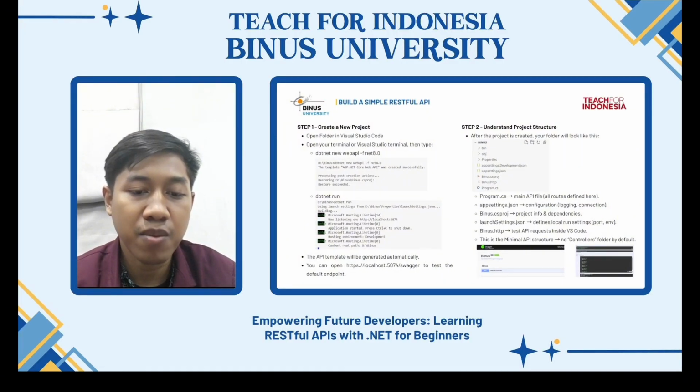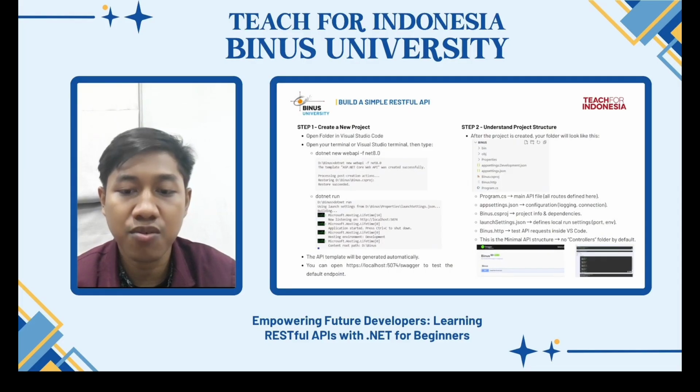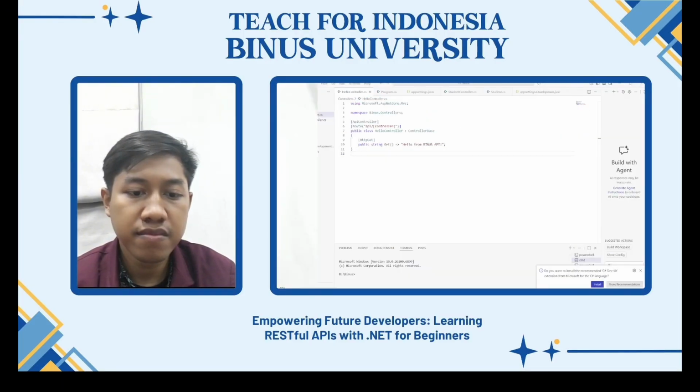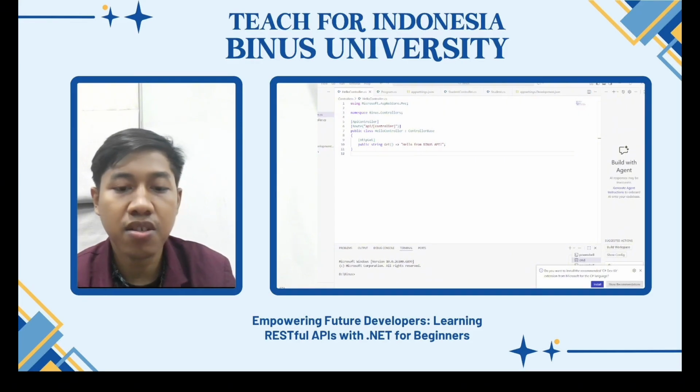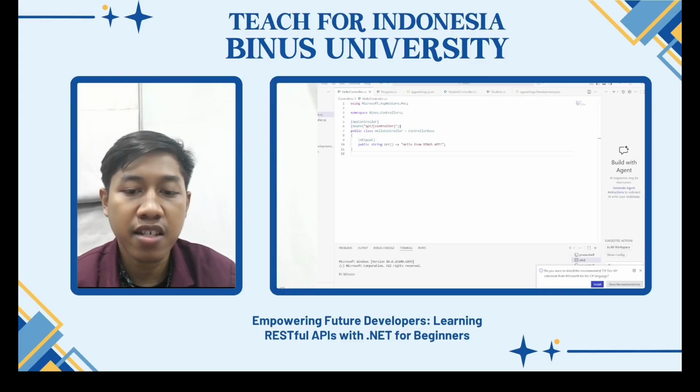Now I will open Visual Studio Code, not to code, but just to show the structure. In the .NET 8 Minimal API, the structure includes Program.cs, appsettings.json, and other config files. At this stage, the Controllers folder does not exist yet.